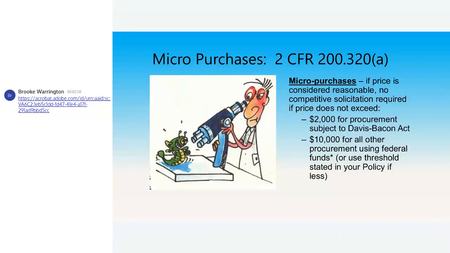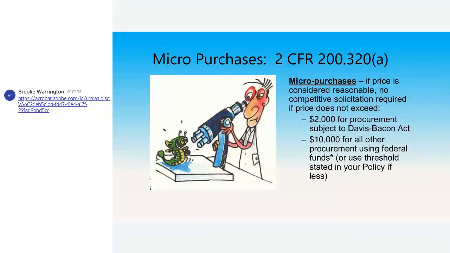It isn't required if your price does not exceed $2,000. Okay, why that threshold? That's your Davis-Bacon threshold. Anything, a contract over $2,000 when you're not using your own labor force, you know, from the tribe, from your housing entity, you have to tell whoever you're contracting with that you're subject to Davis-Bacon and pull down those wage rates.